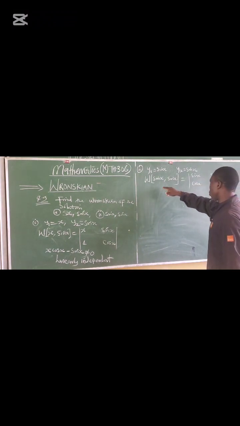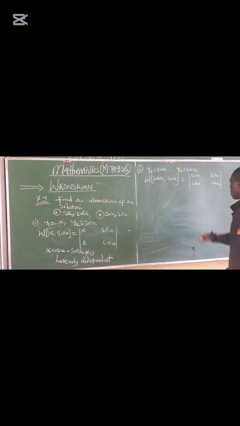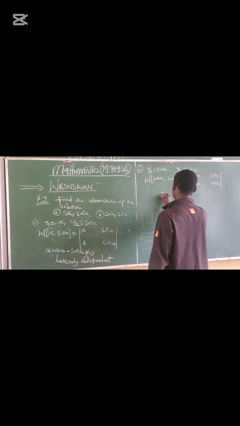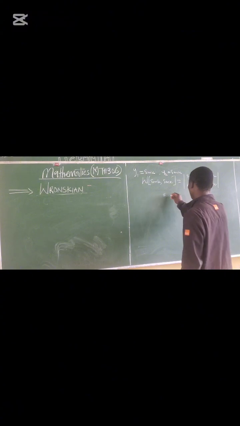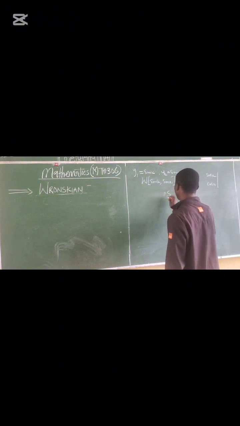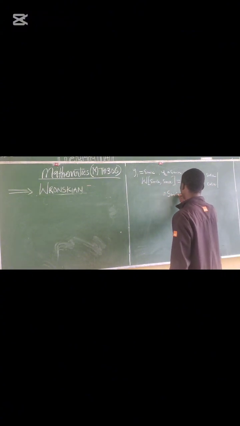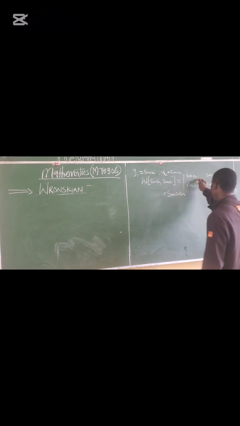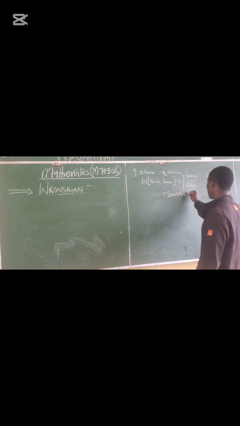Alright, so I've succeeded in forming a 2 by 2 determinant. So 2 rows and 2 columns. I'm going to solve this. I'm going to multiply this times this to have sin x cos x. This times this minus this times this. This is minus sin x cos x.